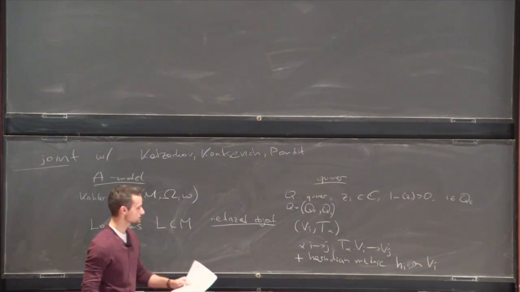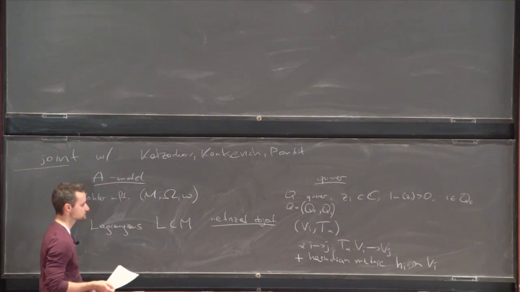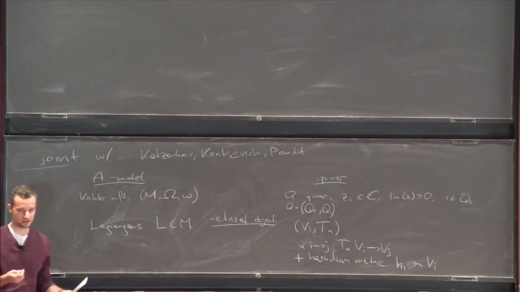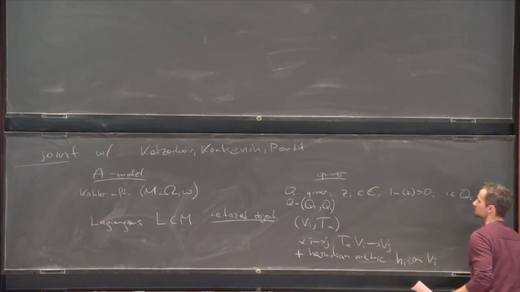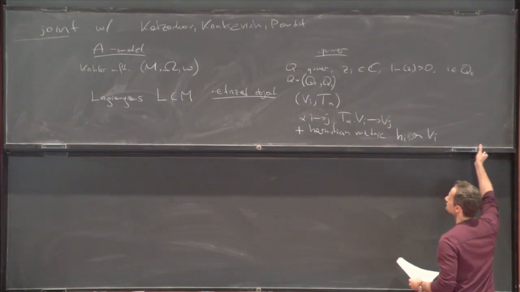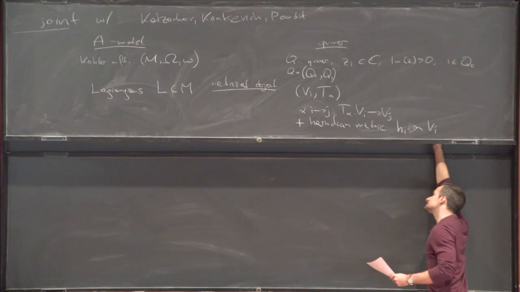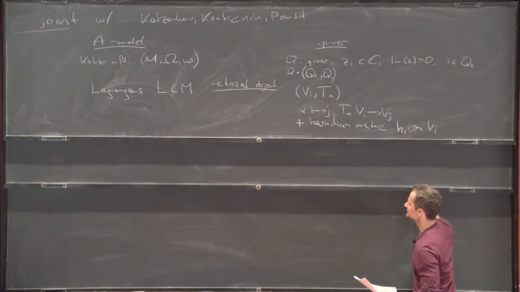Deforming the metric on the representation corresponds to deforming the Lagrangian by a Hamiltonian isotopy. Maybe that's not entirely convincing yet for why these two things should be parallel.